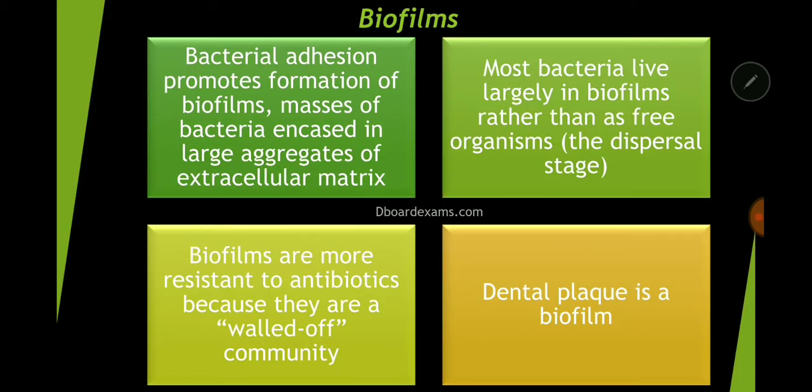How about biofilm? What's a biofilm? Bacterial adhesion promotes formation of biofilms. Biofilms are masses of bacteria encased in large aggregates of extracellular matrix. So bacteria get together in a community, a community of different species of bacteria, and they benefit each other.